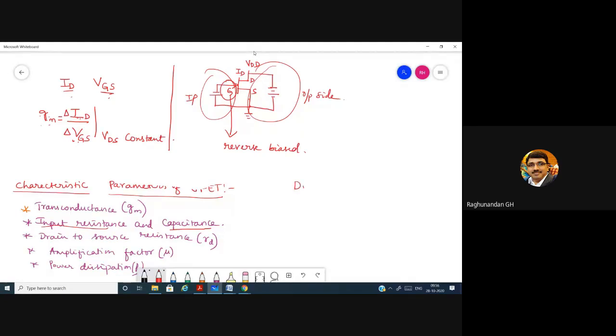I'll give one hint: diffusion capacitance, depletion capacitance. Sir, the junction, sir. Which junction? This is P and N. It is the PN junction, because the depletion region forms there.